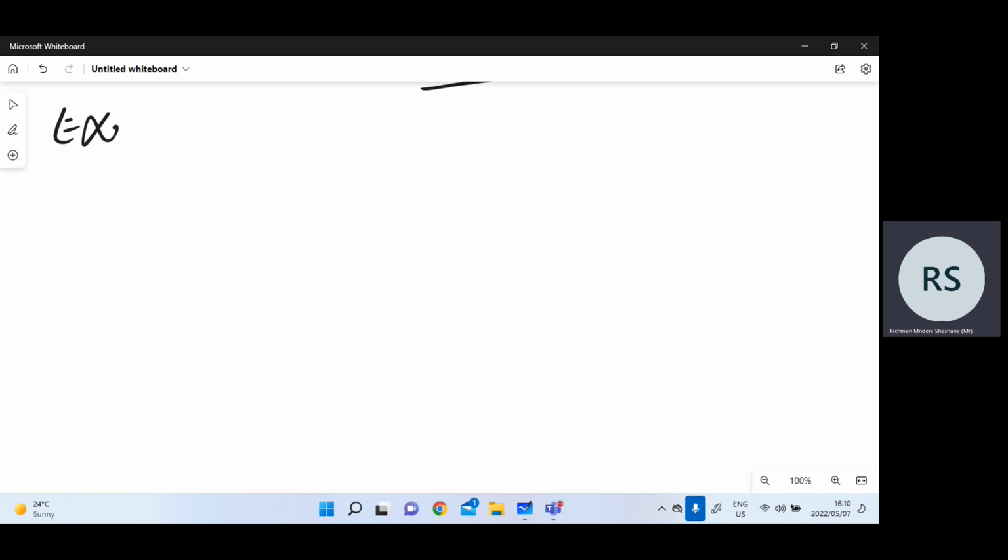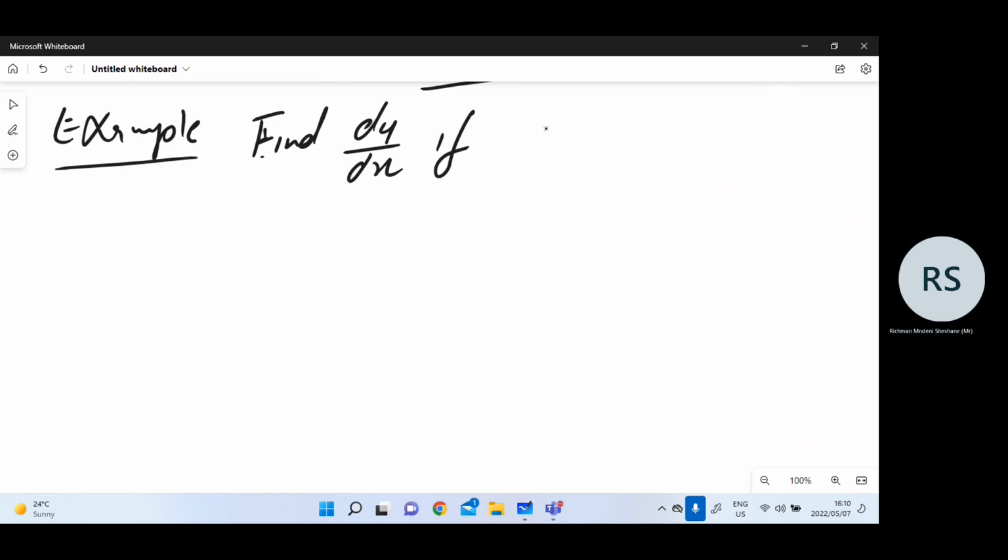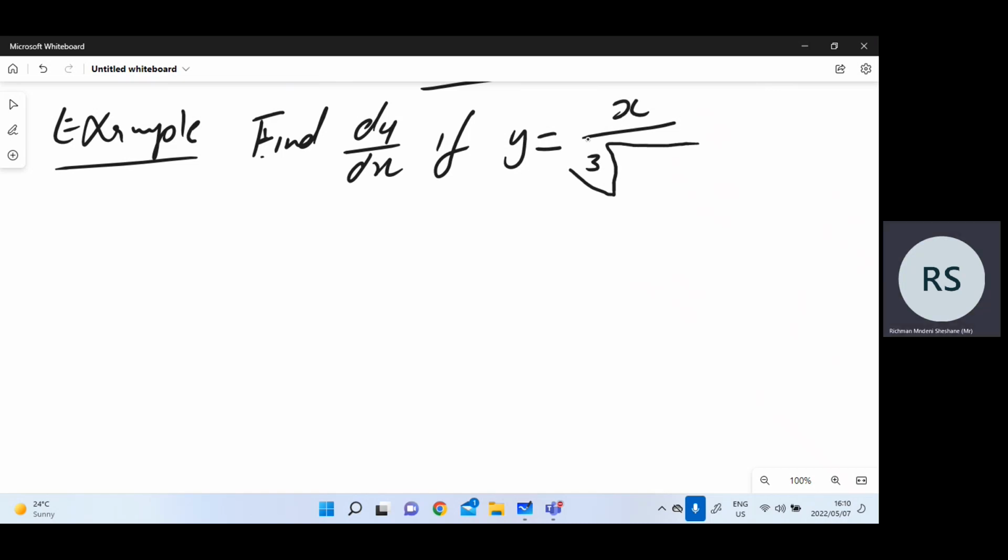Last example, we want to find dy dx if y is equal to x over the cube root of x squared plus 4.